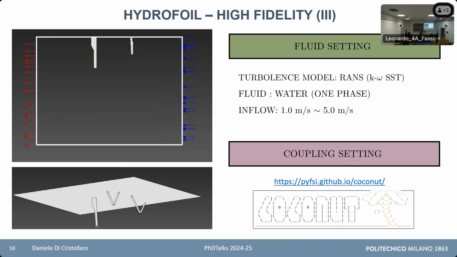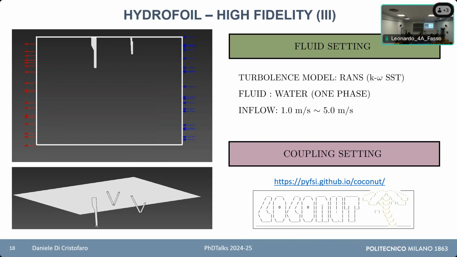Of course, we also need something from the fluid side. We are using Fluent for performing the FSI environment. In particular, you can see that we create a box around the hydrofoils. We impose an inflow and an outflow, and here is my hydrofoil from the fluid side.